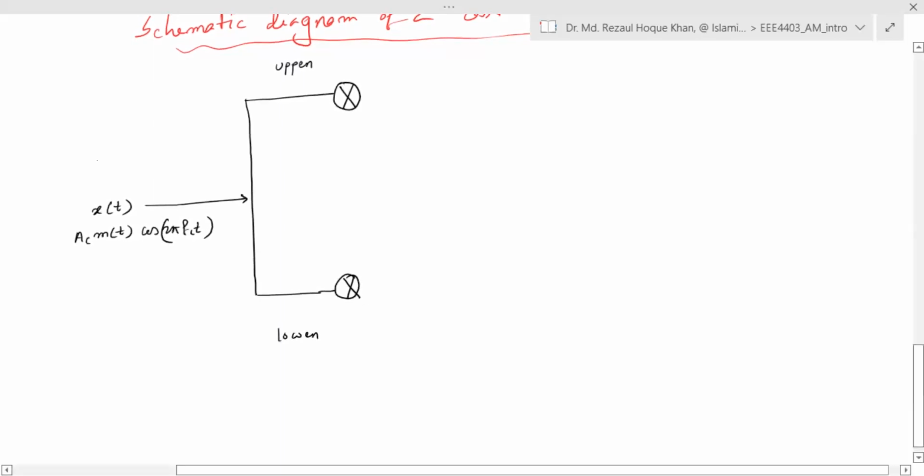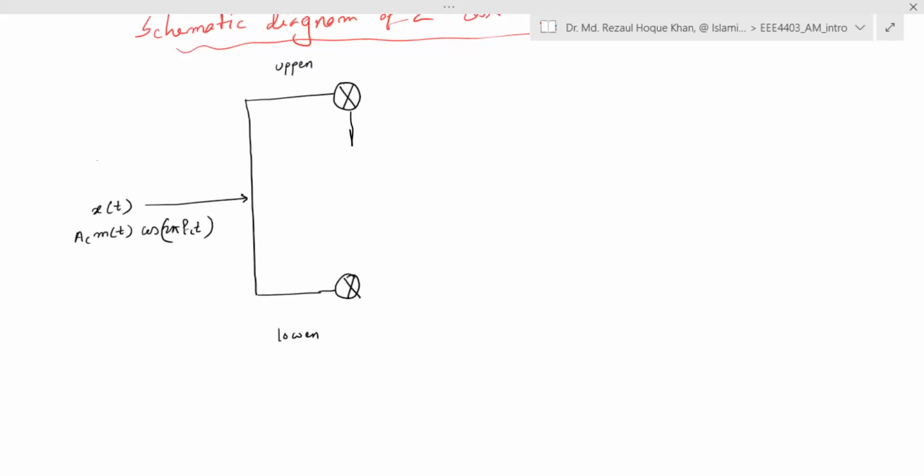Each part goes to a demodulator, and these demodulators are driven by a VCO. So what is VCO? VCO is called a voltage controlled oscillator.